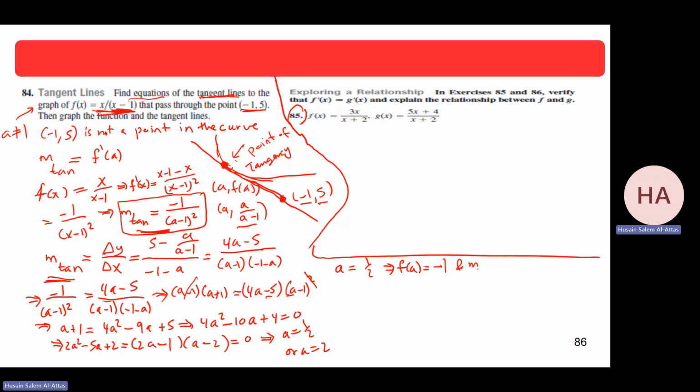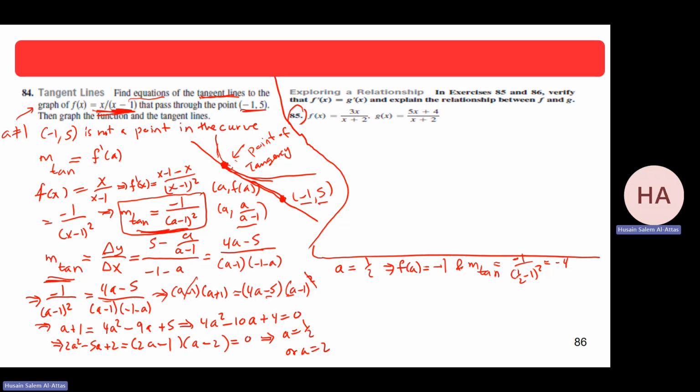And what will be the slope of the tangent? I know the slope of the tangent is minus 1 over half minus 1 square. Half minus 1 square will be minus half square, which is 1 over 4, so it will be minus 4.